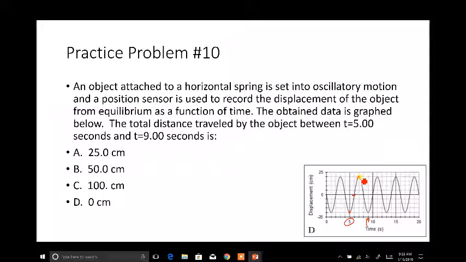Between 7 and 8, an additional 25. And then finally, between 8 and 9, another 25. So 4 25s is going to give us 100 centimeters of total distance. This thing travels one complete cycle between 5 and 9 seconds. So our answer here is 100 centimeters.